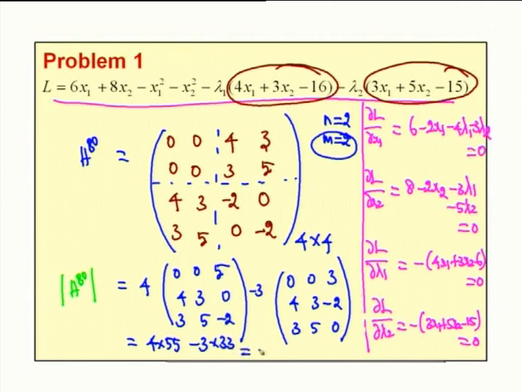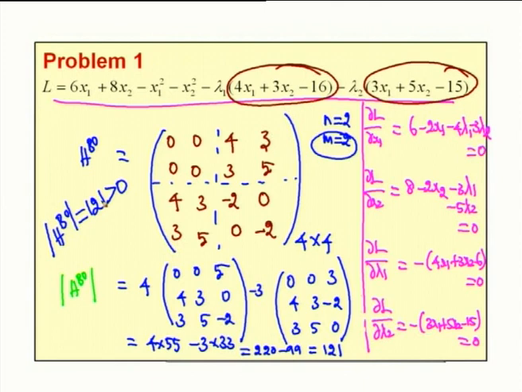So, the determinant value is 220 minus 99, which is 121. Now, the determinant value of the bordered Hessian matrix HB naught is 121, which is greater than 0, positive.